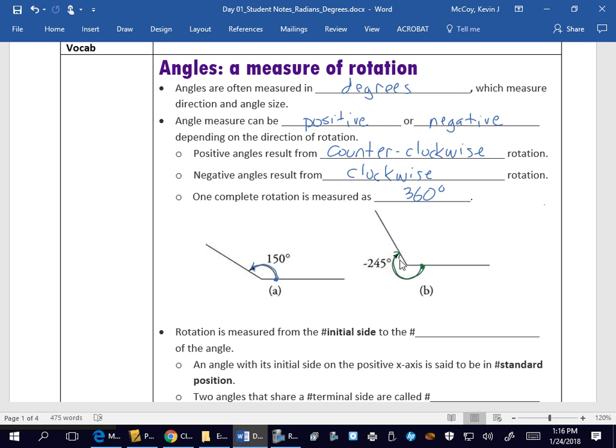All right, so how do we actually figure out where we start, where we finish, all that kind of stuff? Well, rotation is measured from the initial side, which is your starting point. So in this case, we started here. That's the start, or the initial side. Very much like over here, this one right here was the initial side.